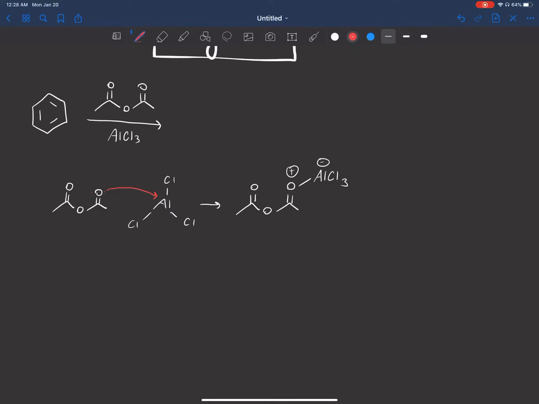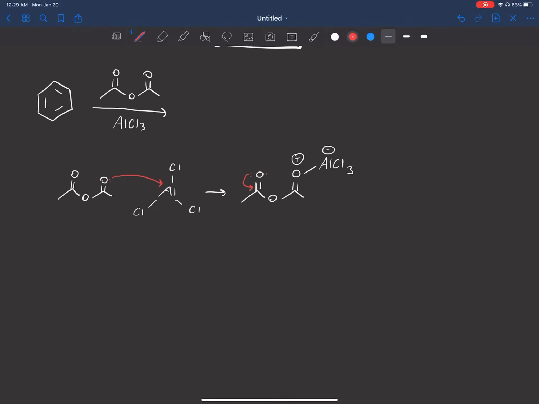Now these arrows are going to be a little bit confusing, so we'll take it step by step. The lone pairs on the carbonyl oxygen that is not participating in this new bond are going to come down. Now, to preserve the octet rule, we're going to have to break this bond or this bond. We're not going to break a carbon-carbon bond, so this bond swings out and comes around over there.